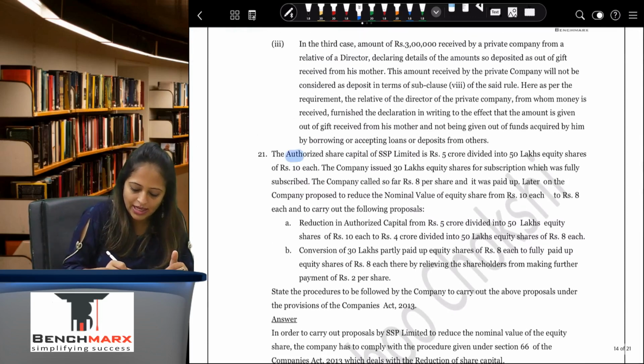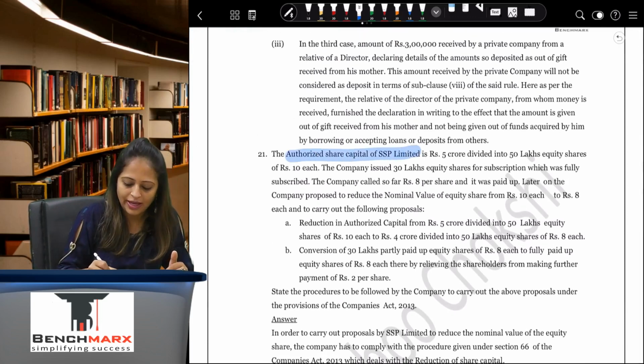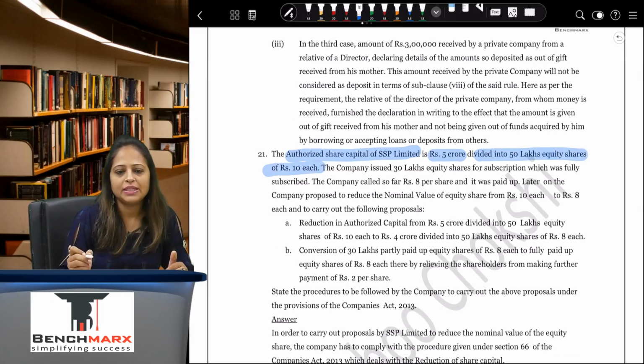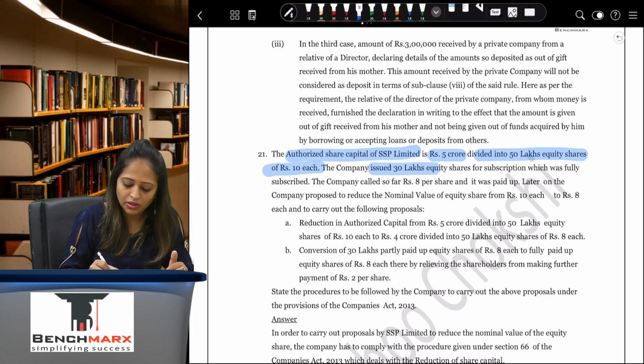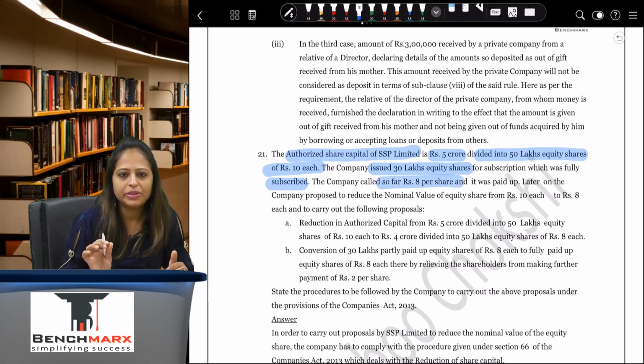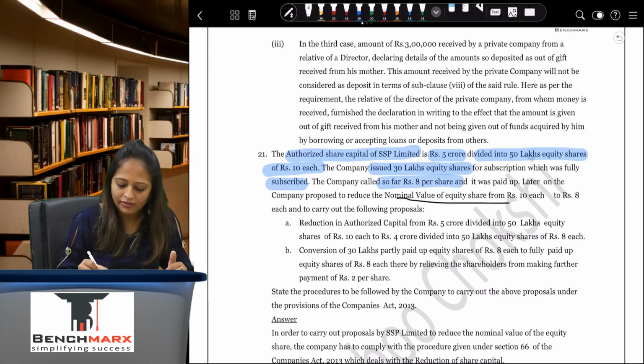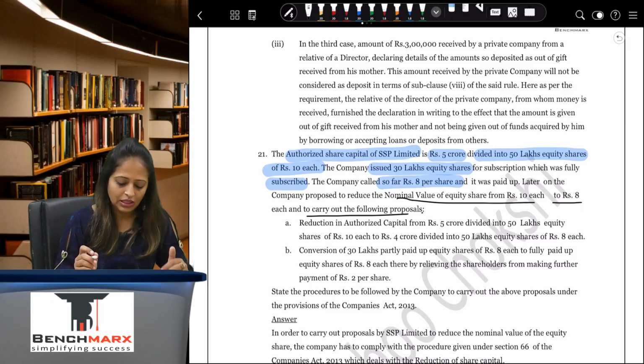The authorized share capital of SSP Limited is 5 crores divided into 50 lakh equity shares of rupees 10 each. The company issued 30 lakh equity shares for subscription, which was fully subscribed. The company called so far 8 rupees per share. It was paid up. Later on, the company proposed to reduce the nominal value of share from 10 to 8 and carry out the following proposals.